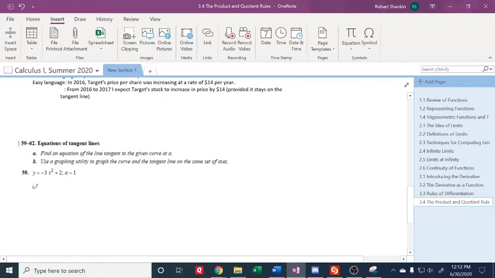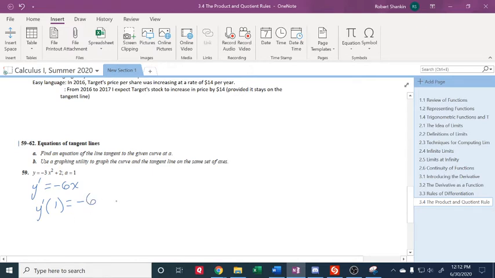I can also find the derivative by the power rule. 2 times negative 3 is negative 6x. The derivative of a constant is 0. So y prime is negative 6x. So y prime evaluated at 1 is negative 6 times 1, so it's negative 6.